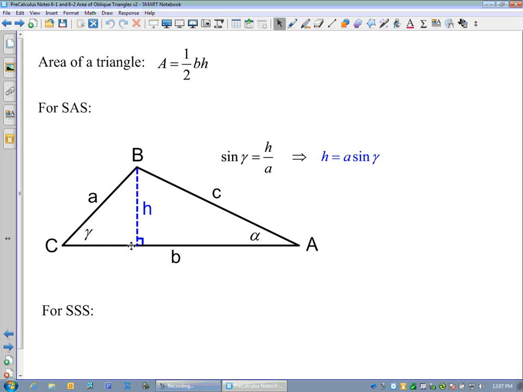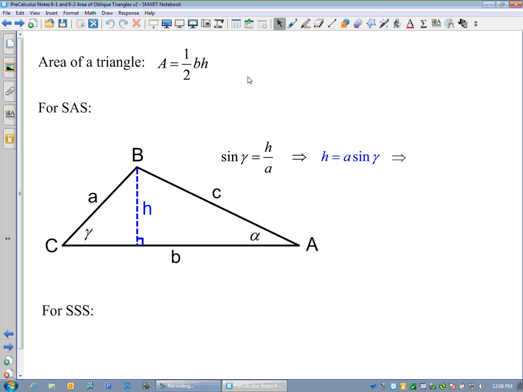And your adjacent leg is always going to be the hypotenuse times the cosine of the angle. But now that we have this expression h equals a sine gamma, we can use this to derive our formula by replacing h with a sine gamma.